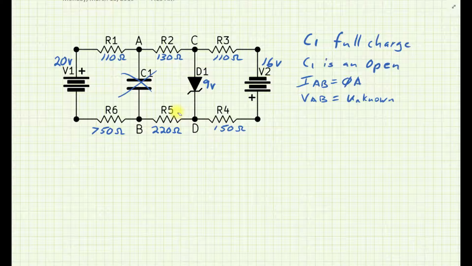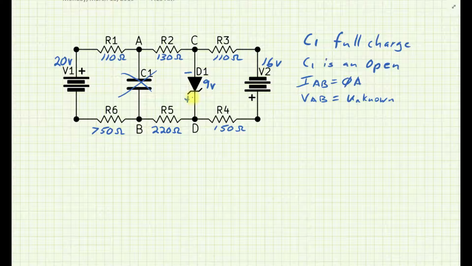Now, if it's reverse biased, which means there's a minus on the anode and a plus on the cathode, then we have to consider that it is a Zener diode, and if that reverse bias voltage is greater than the rating, which is given as 9 volts, then that diode's going to avalanche and start allowing as much current as it needs to maintain that 9 volts, negative on the anode, positive on the cathode.